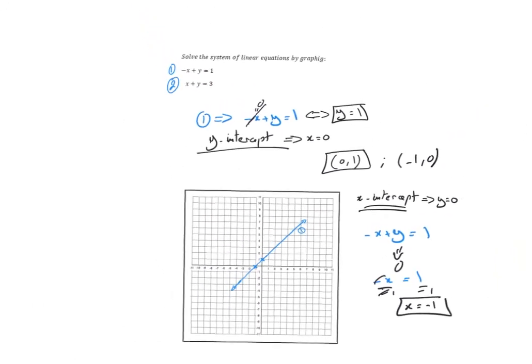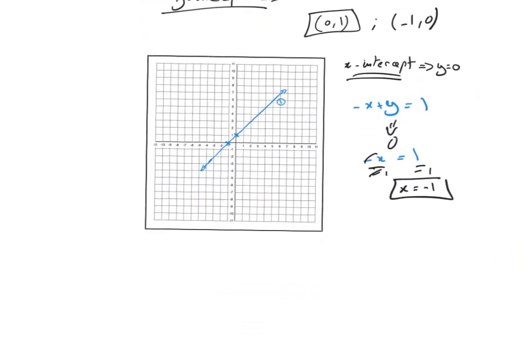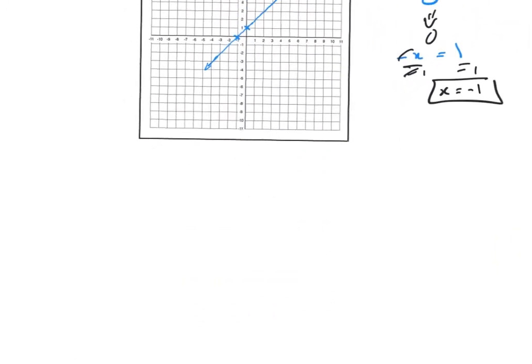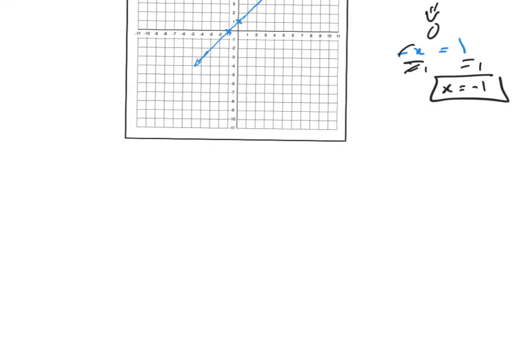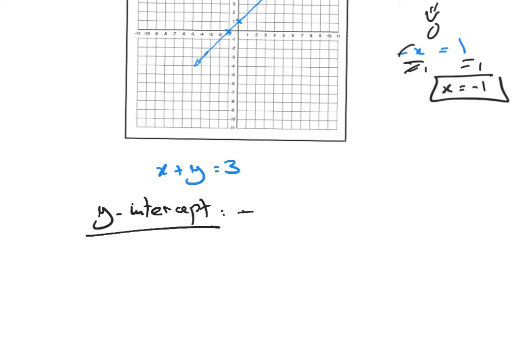Now we're going to graph the second equation, which is x plus y equals 3. Let's find 2 points, the same as the first method. Again, let's start with the y-intercept, which means x equals 0.